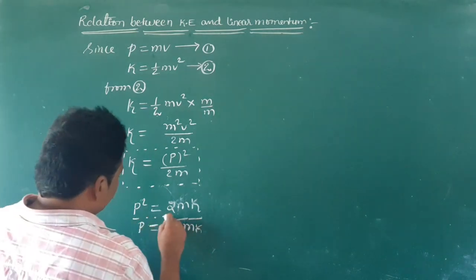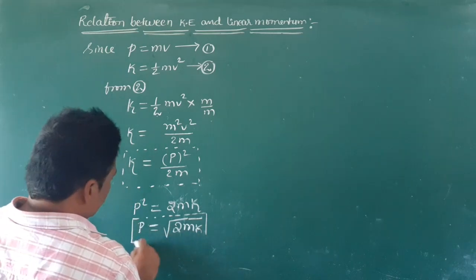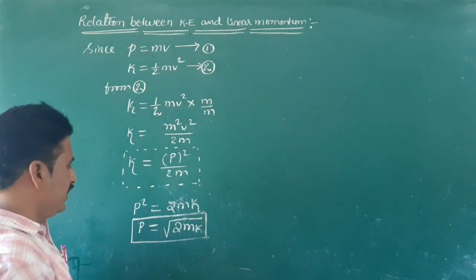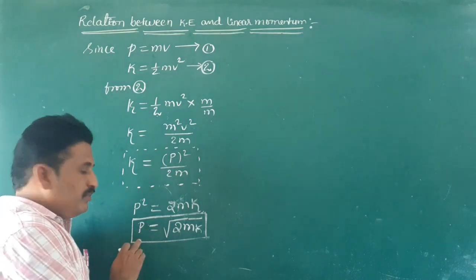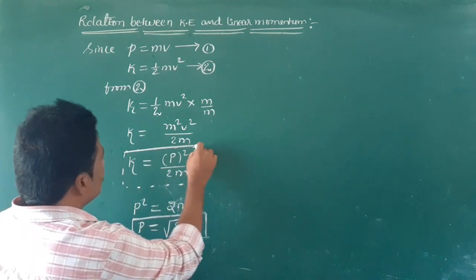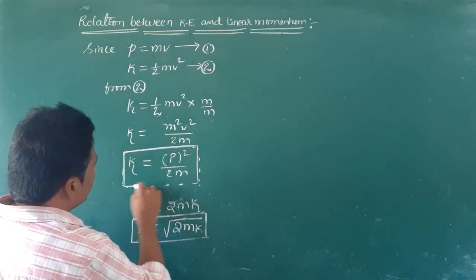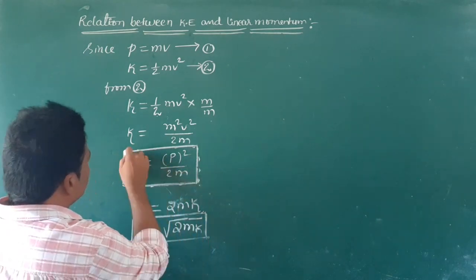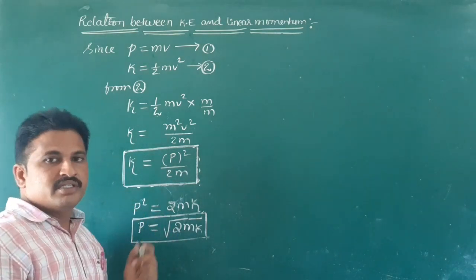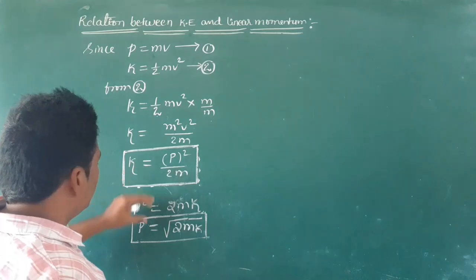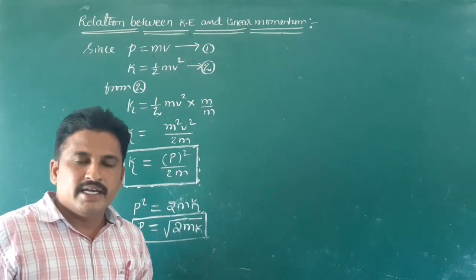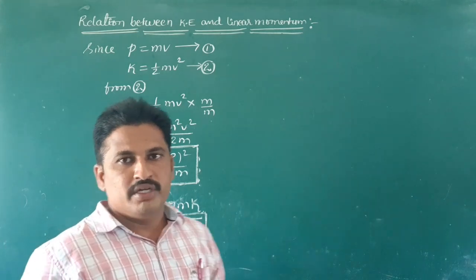In the first relation kinetic energy is the subject, and in this one momentum is the subject. These are the expressions for the relation between the kinetic energy and the linear momentum, students.